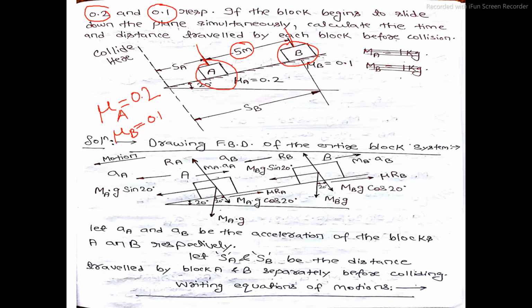If the blocks begin to slide down the plane simultaneously, calculate the time and distance travelled by each block before collision. Now what is happening? Block A is released down the inclined plane, as well as block B. This is the end point of the inclined plane.